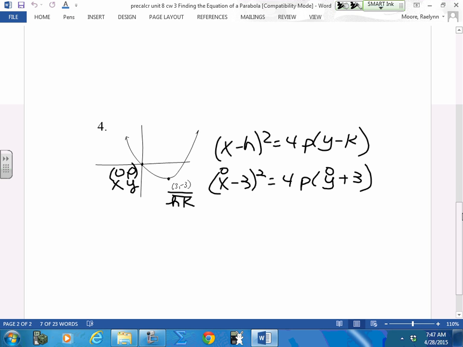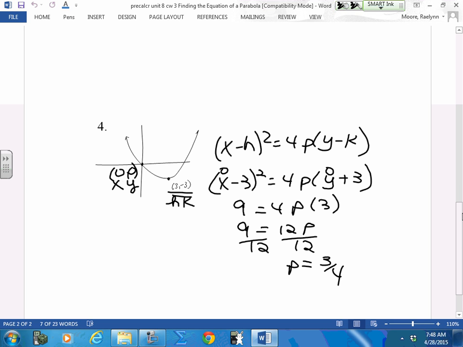So this is negative 3 squared, 9. And this is 3. You have to find p first. Divide by 12. So p, and reduce it. p is equal to 3/4. And all you have to do now is substitute this back into here so we can get your equation. The x minus h stays.